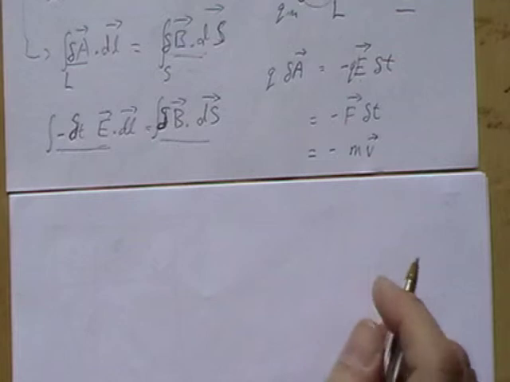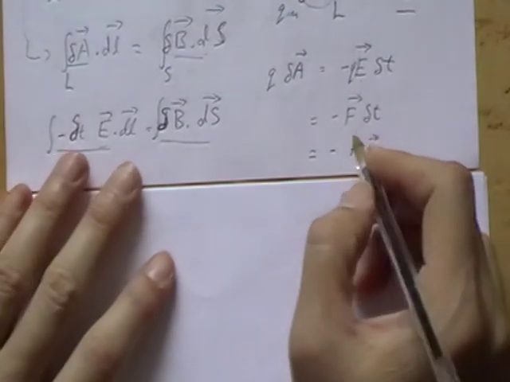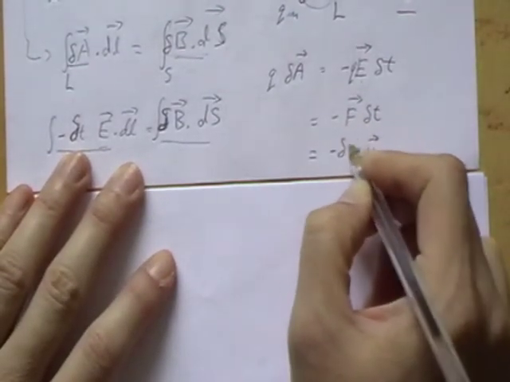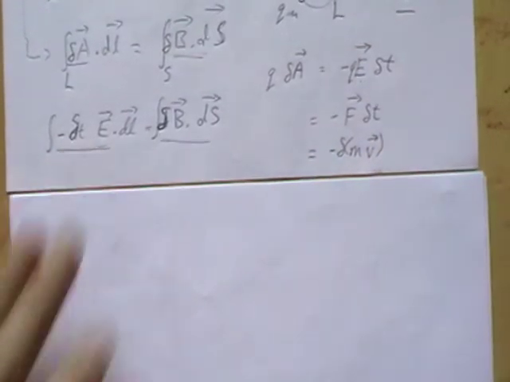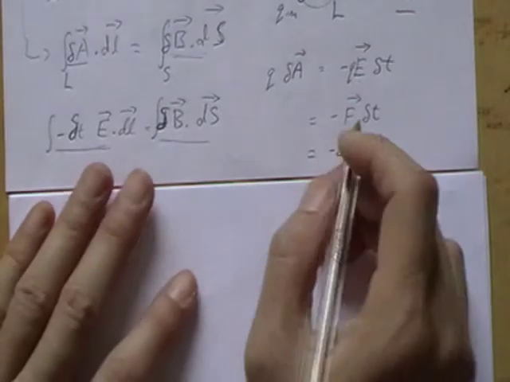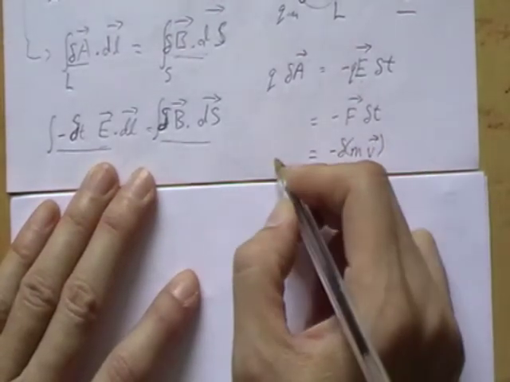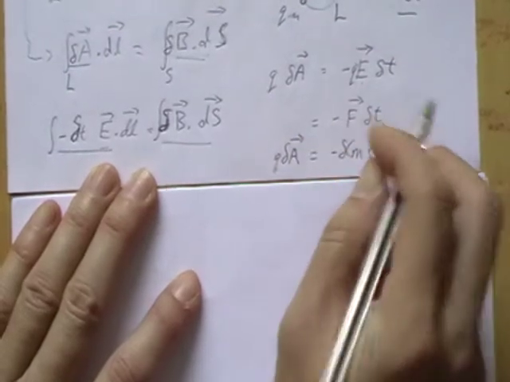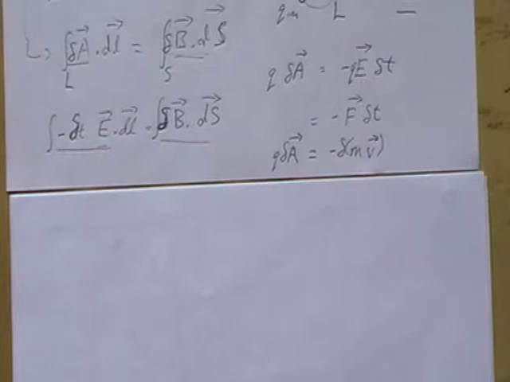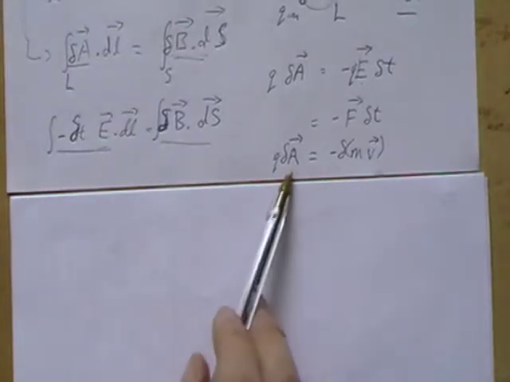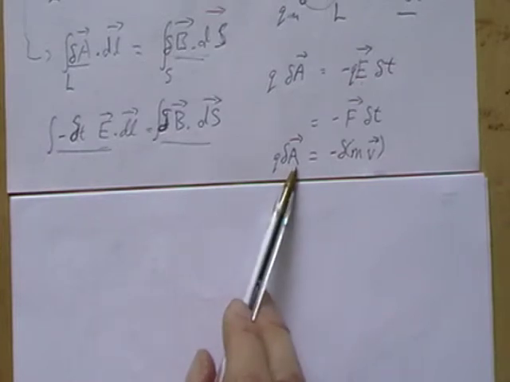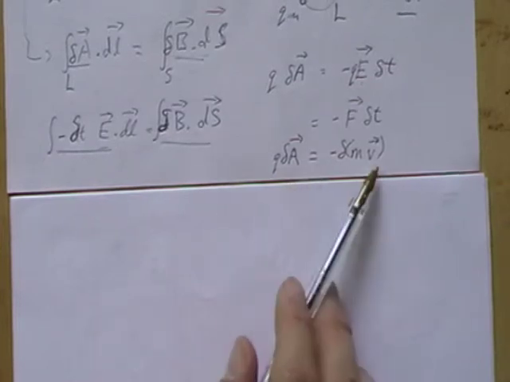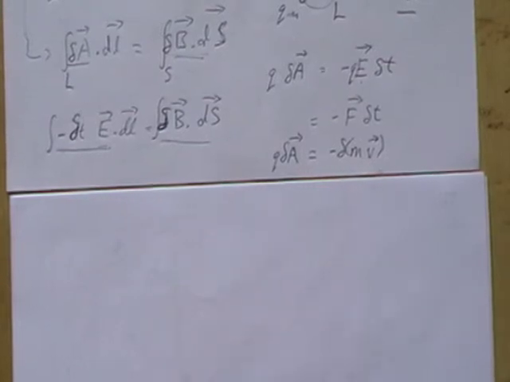Okay, that's a change in the momentum. So now we have our interpretation. The vector potential A is a momentum.